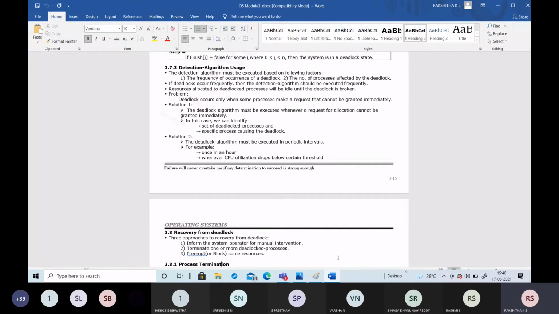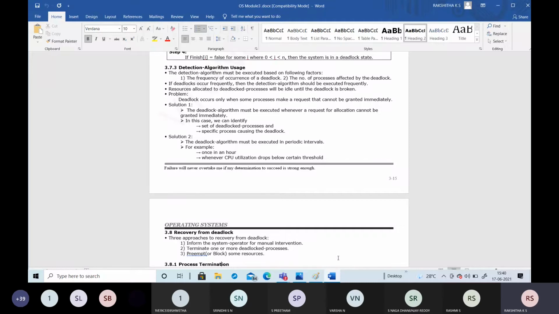One more solution is that the deadlock algorithm must be executed at periodic intervals. It is not possible to execute this detection algorithm continuously, so it has to take some interval of time, for example once in an hour. It cannot execute continuously, so it has its own interval period, and during that period we execute the detection algorithm.